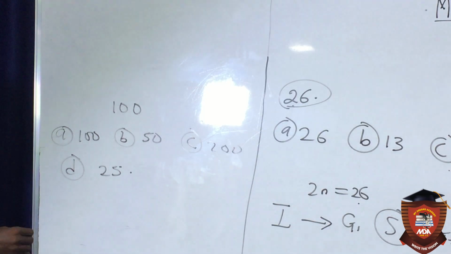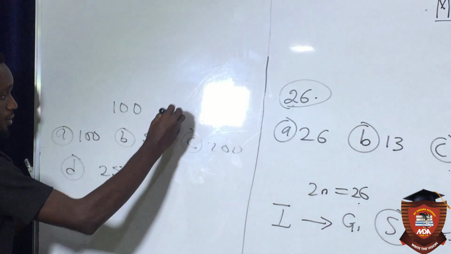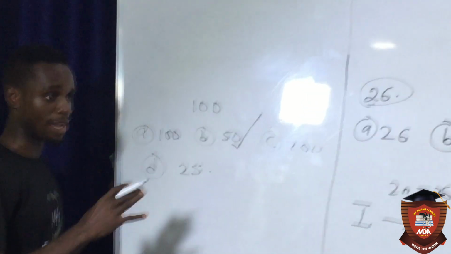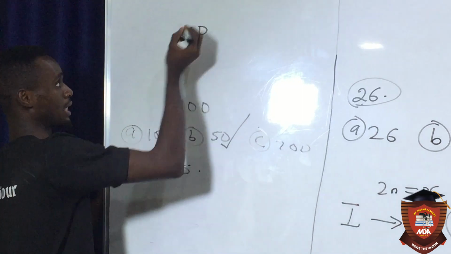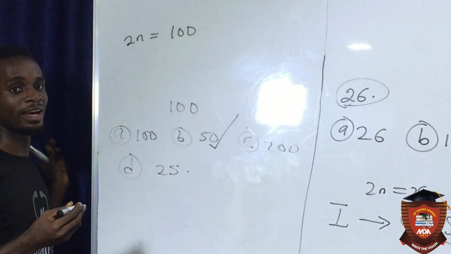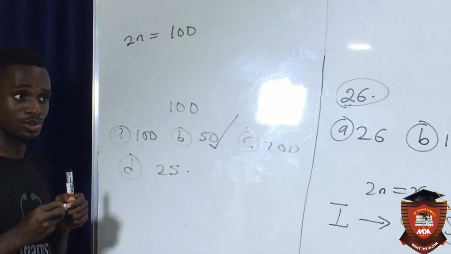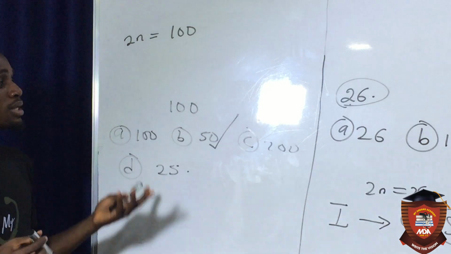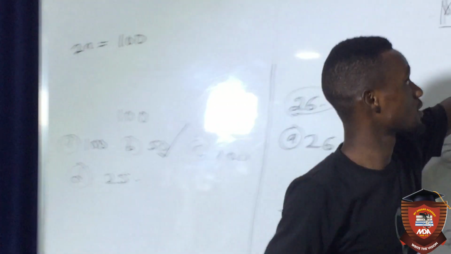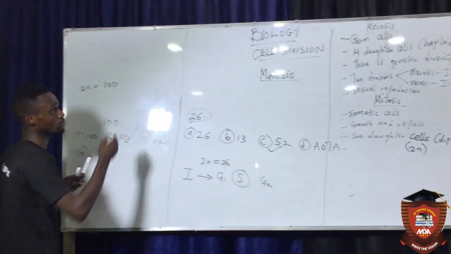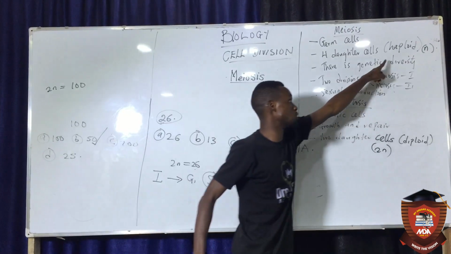Well, the answer to this question is 50. And the reason behind that is very simple. A normal somatic cell, not dividing, has 100. That means 2N is 100. And we are asked to find the number of chromosomes in a sperm cell. A sperm cell is a germ cell, and germ cells are formed by meiosis. Meiosis halves the number of chromosomes, and what it forms is haploid cells.